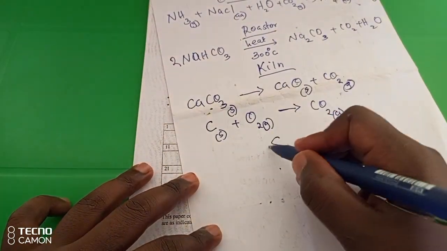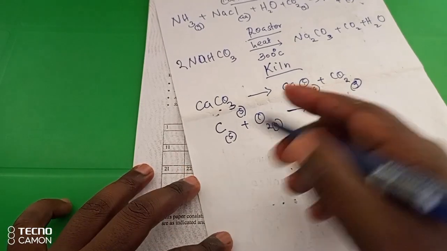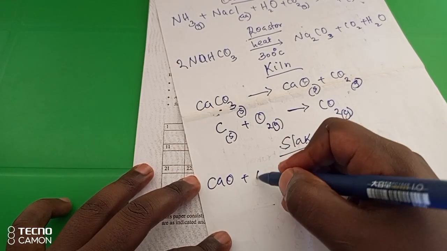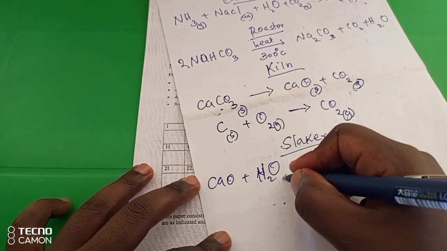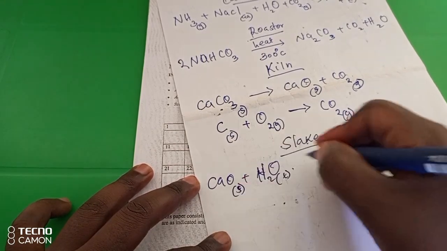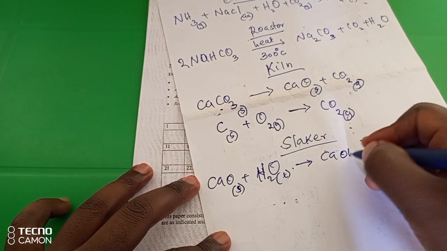Then we have the equation of the slacker. Calcium oxide is slacked with water. Slack means to combine. Slacked with water to form calcium hydroxide.